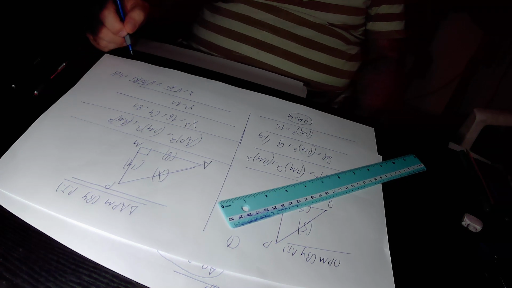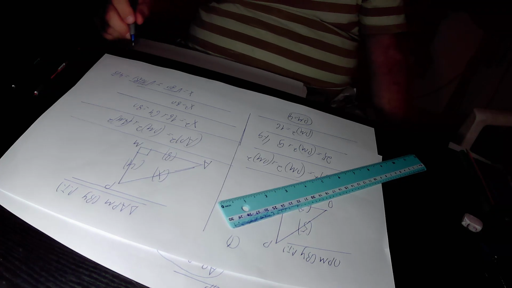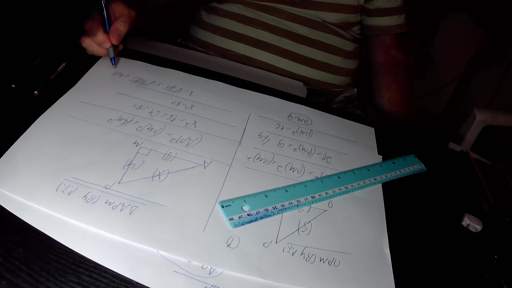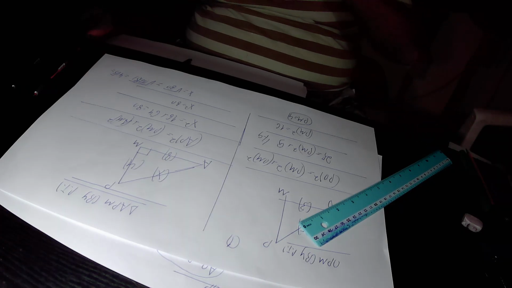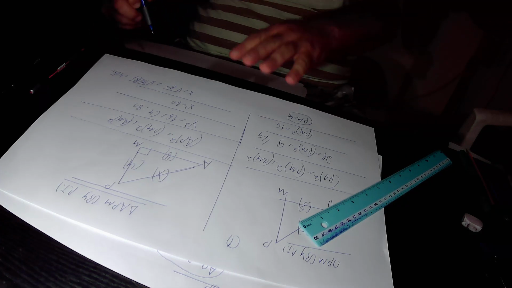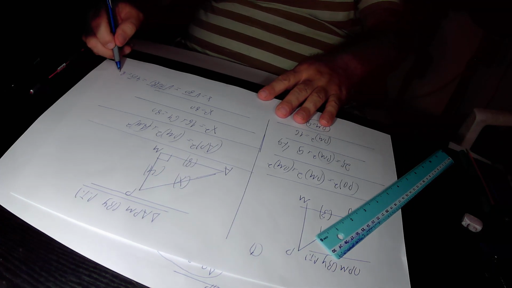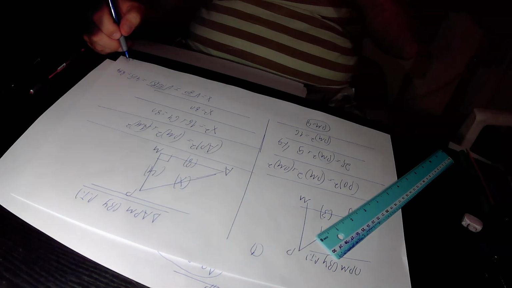So in total, we found out that the length of line segment AB is equal to x. It is equal to 4 times the square root of 5 units in length, or in terms of numbers, it is equal to 8.94 units. Exactly the same result as we had in the first method.